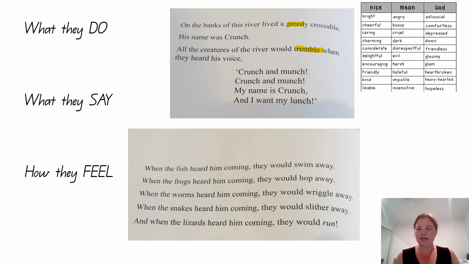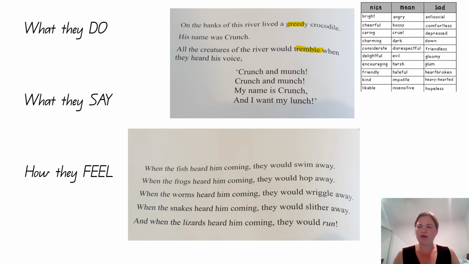Let's have a look at the second page to see if there are any more clues. When the fish heard him coming, they would swim away. When the frogs heard him coming, they would hop away. When the worms heard him coming, they would wriggle away. When the snakes heard him coming, they would slither away. And when the lizards heard him coming, they would run.